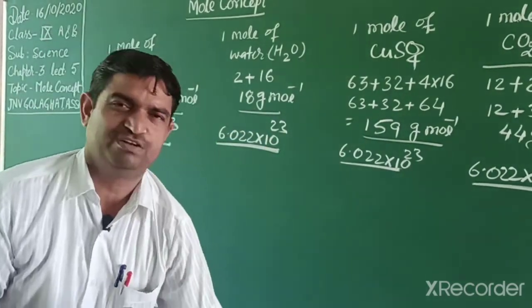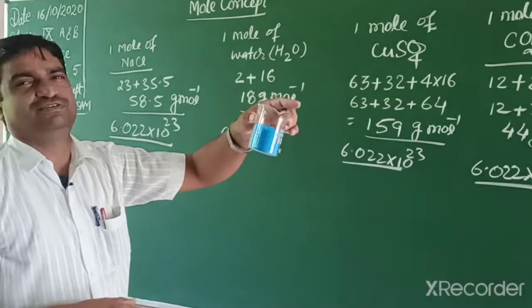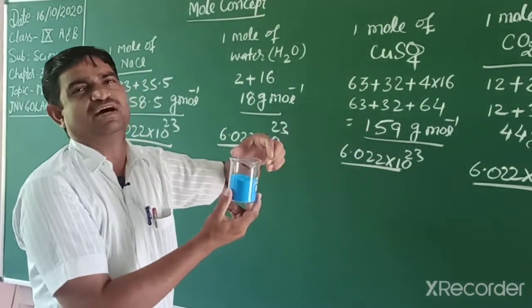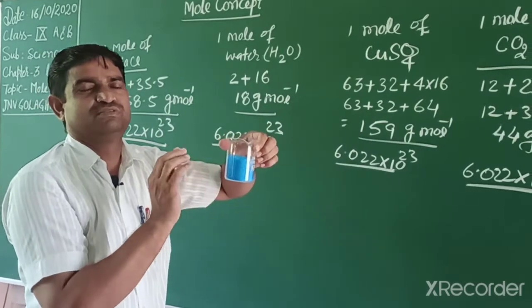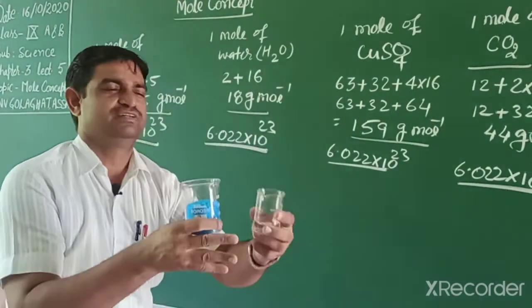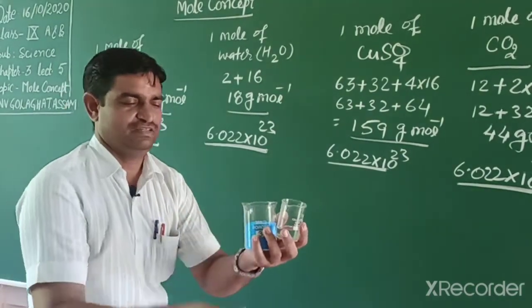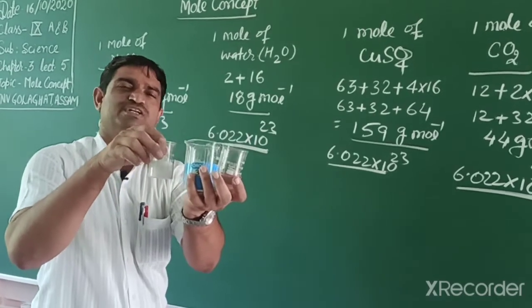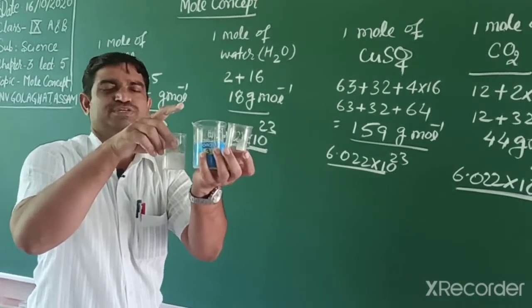Another, copper sulfate, blue color crystal, has 159 gram, that is the molar mass, and has Avogadro number. If you take these three, you can easily observe the mass appears different, but the number of molecules is the same.